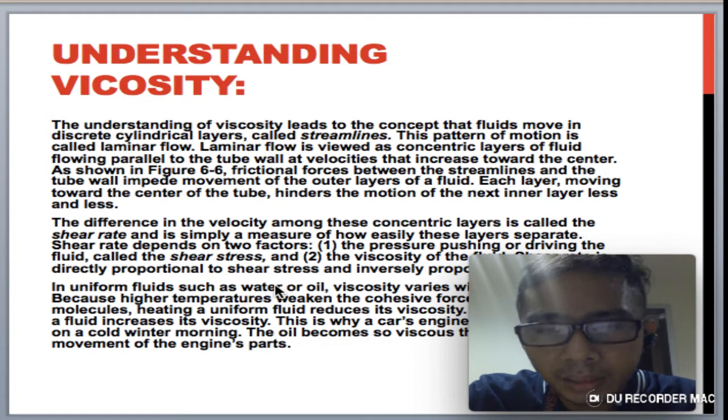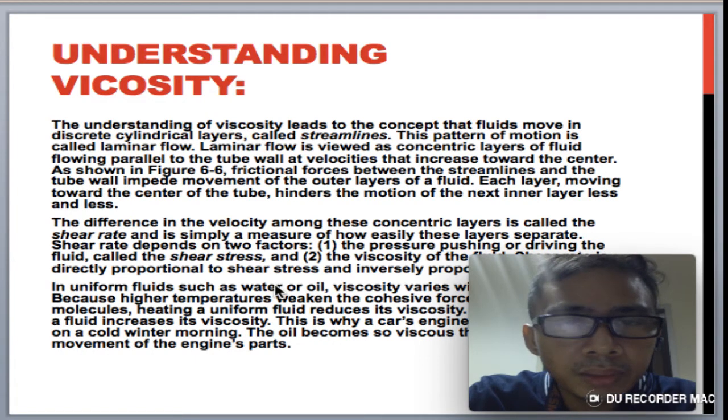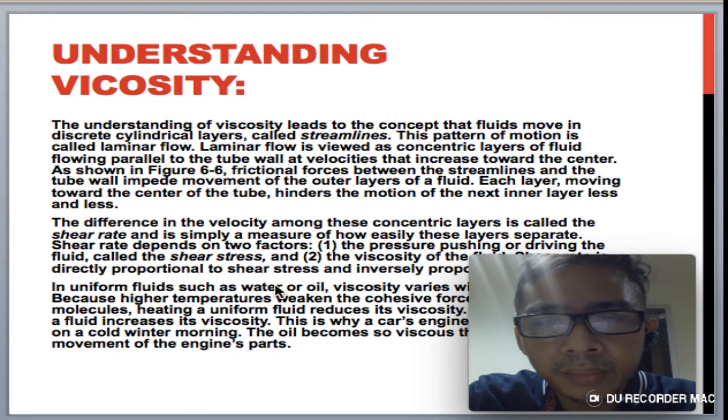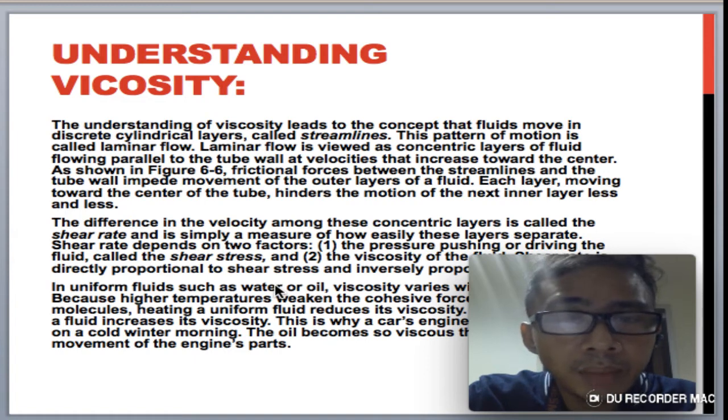A deeper overview about viscosity. Understanding viscosity leads to the concept that fluids move in discrete cylindrical layers called streamlines. This pattern of motion is called laminar flow.